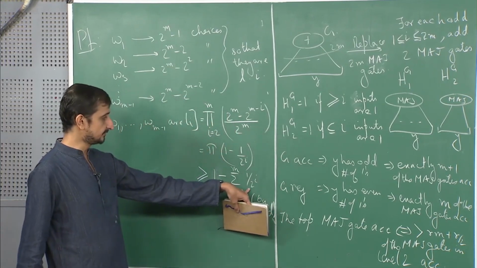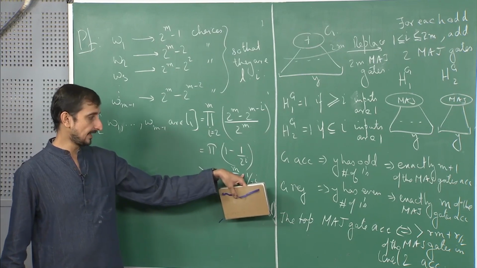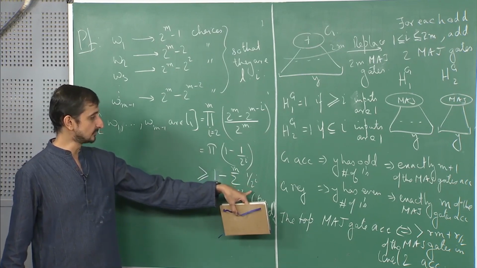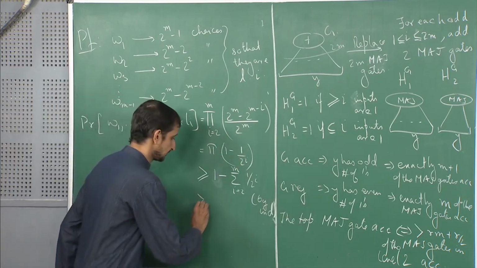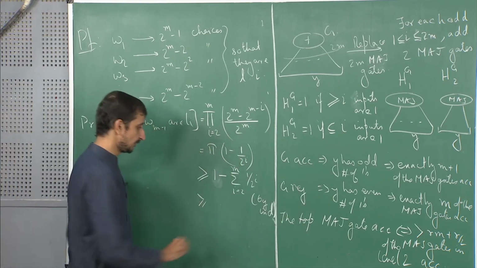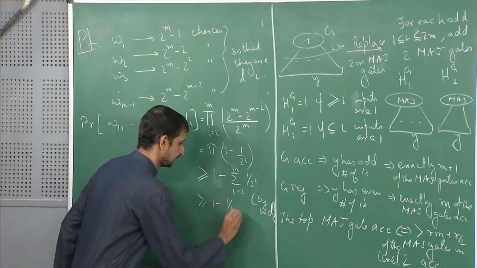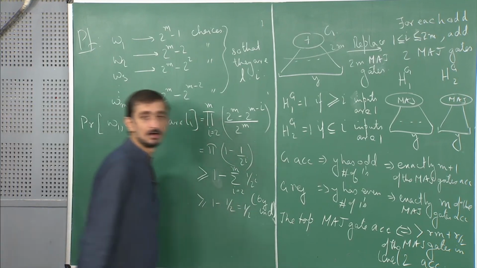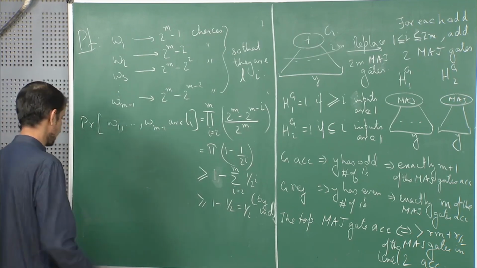So what is this value? For i going from 2 up to m, 1 over 2 to the power i is basically 1/4 plus 1/8 and so on. So this is greater than or equal to 1 minus half, which is equal to half. Okay. So this proves the lemma.